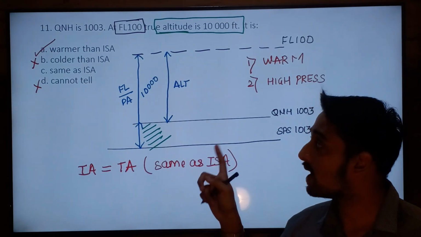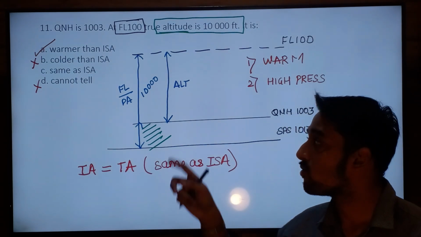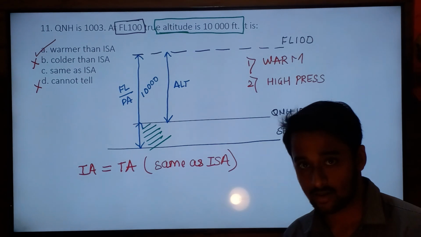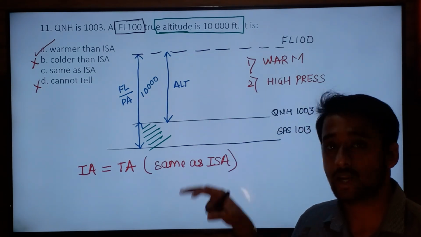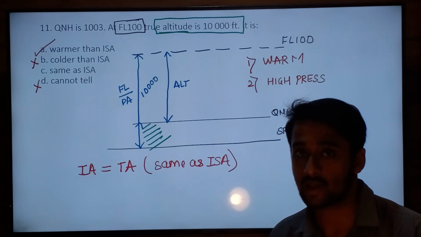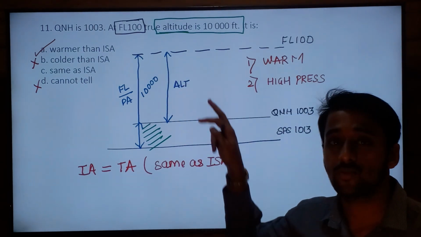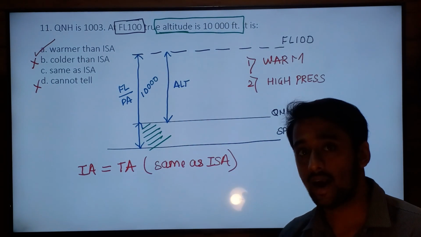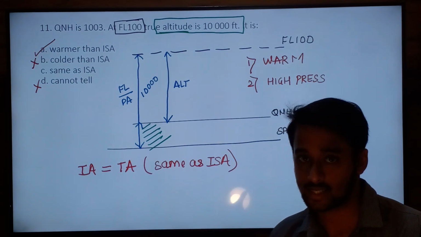So when we keep that in mind, the more appropriate option will be warmer than ISA condition. We cannot say that we have ISA conditions in this particular air mass because we don't have extra information, like whether the flight level at which we are flying has the same atmospheric pressure value which should be existing at ISA.